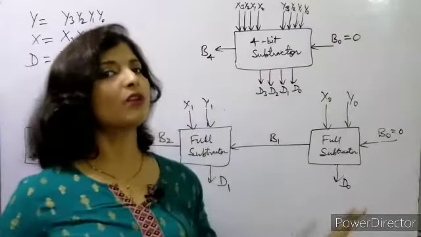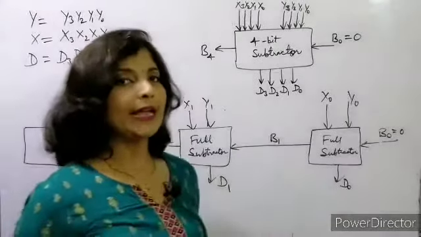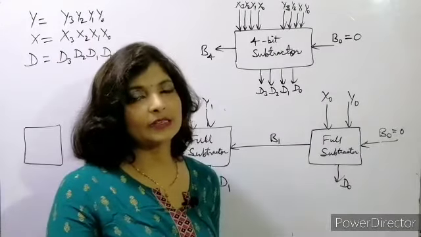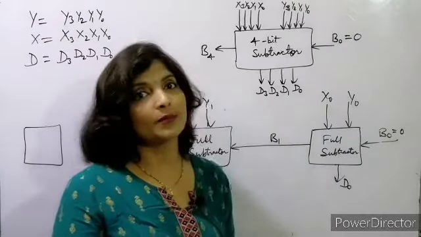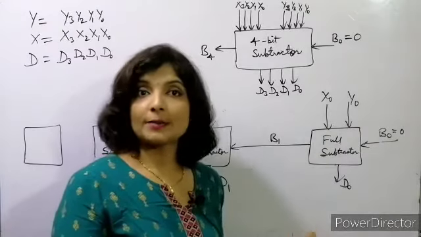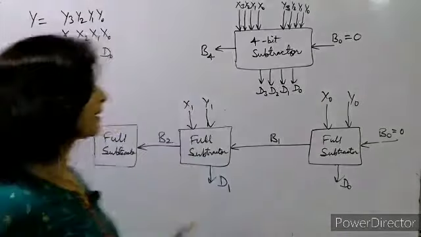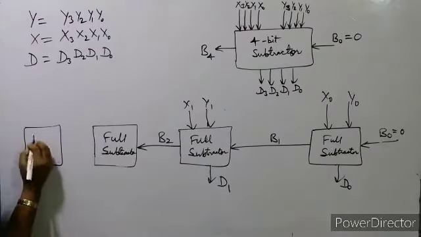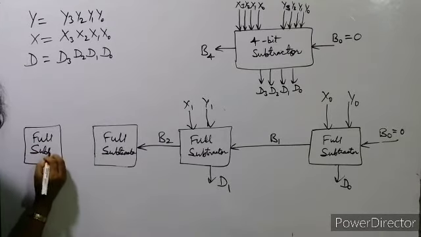There will be a series of full subtractors, for n-bit subtractor we'll take n full subtractors. So for a 4-bit subtractor we'll take 4 full subtractors, so 1, 2, 3 and 4 full subtractors we'll take, and we'll see what its circuit looks like.